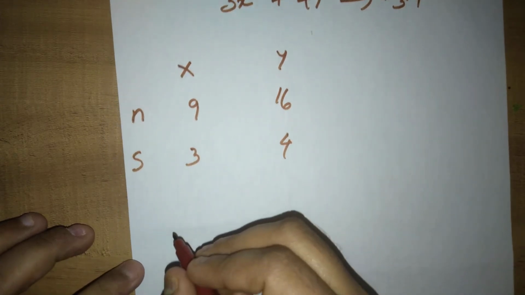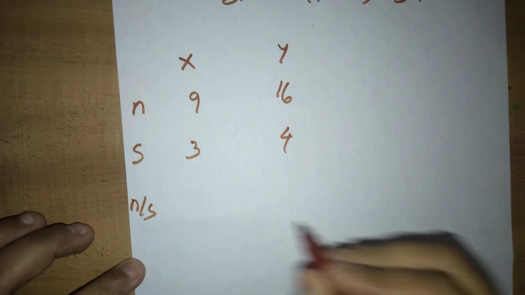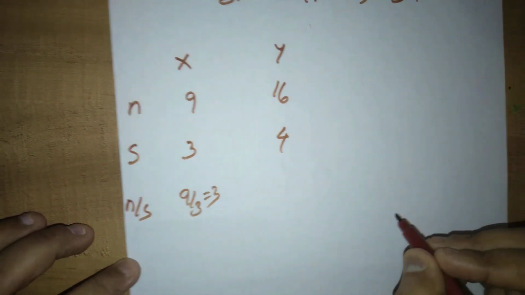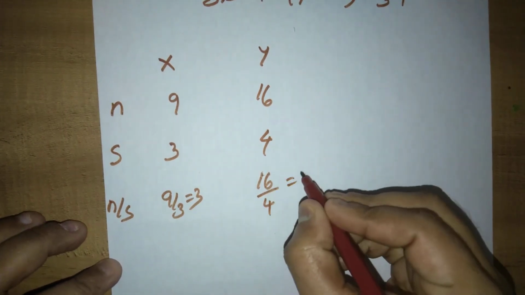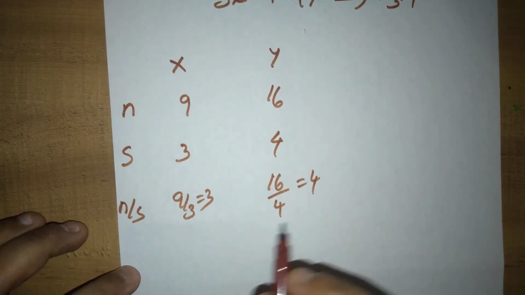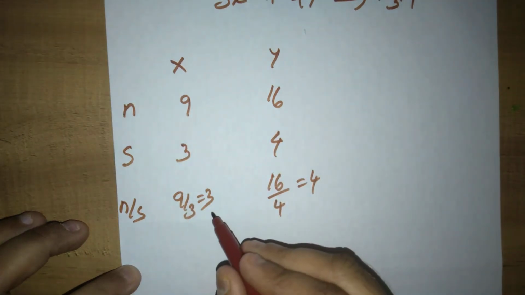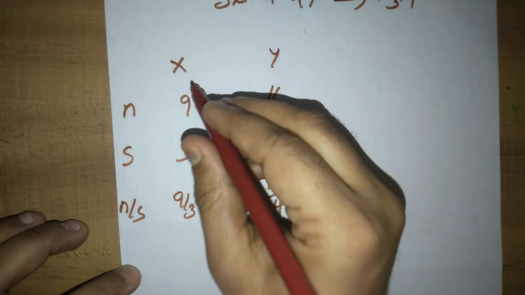Then find the n by s ratio. For X, n by s ratio is 9 by 3, which is equal to 3. For Y, 16 by 4 is equal to 4. Which one has the least n by s ratio? X has the least, 3 is the least value. That is the limiting reactant.